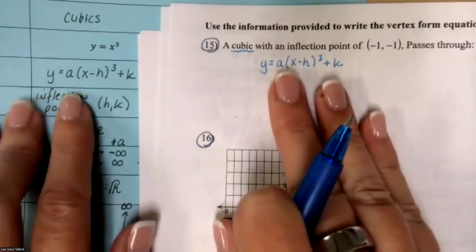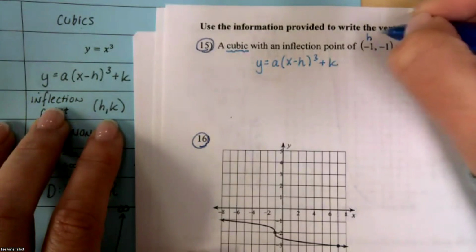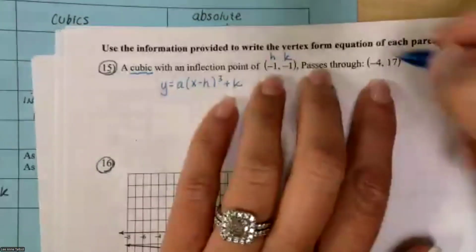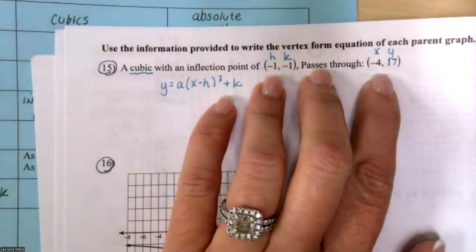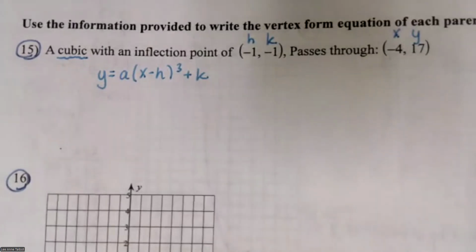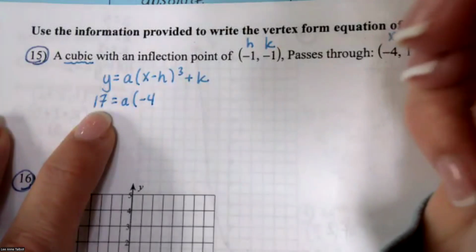But also our blue sheets tell us the inflection point is (h, k). So I'm going to put (h, k) up here as the inflection point, and then passes through is going to be my x, y. 17 equals a times (-4...).